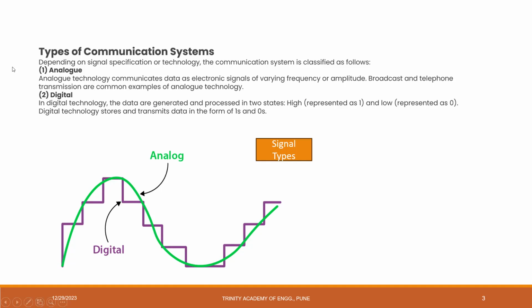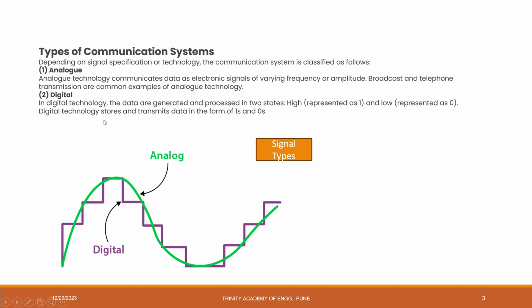Now, the second communication system is the digital communication system. In digital technology, the data are generated and processed into two states. This purple wave shows the digital signal, which is in the form of ones and zeros. These two states are the high, which is represented as 1, and the low, which is represented as 0.